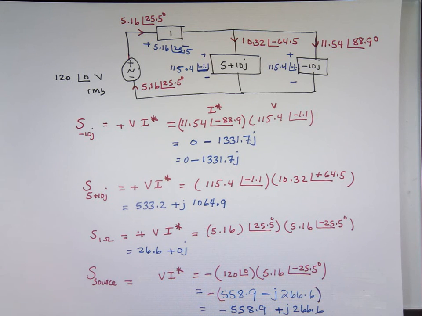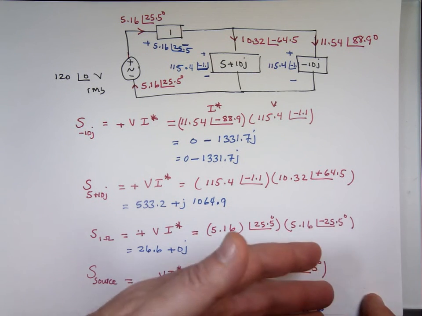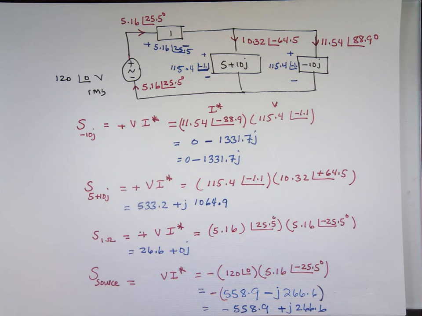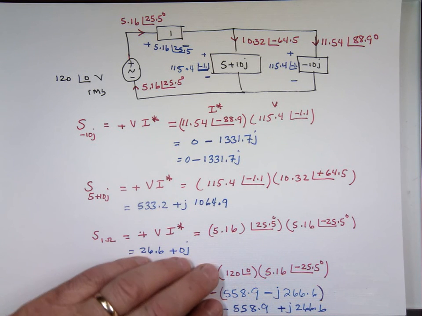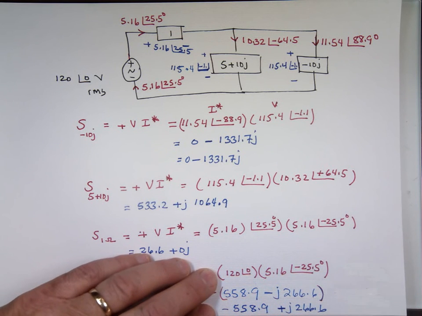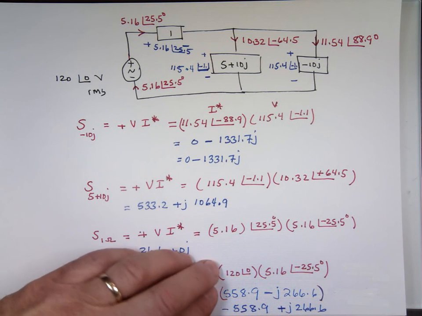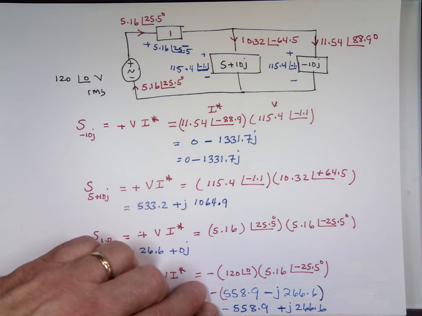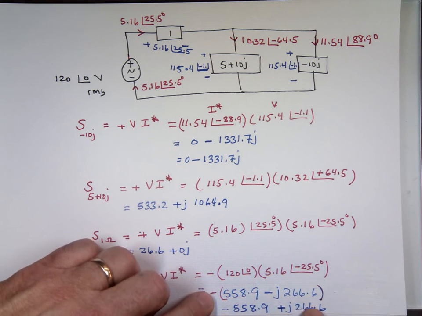The minus means supply, or supply, take the minus out. You can do it either way. If the book says, what is the power supplied, just write this number without the minus sign. If you don't put the word supply, then you put the negative in the front. But don't do both.